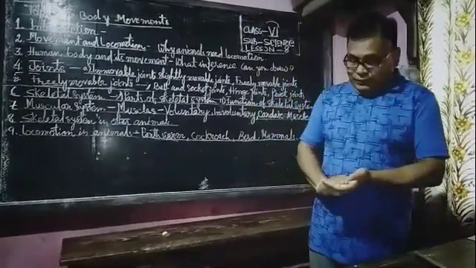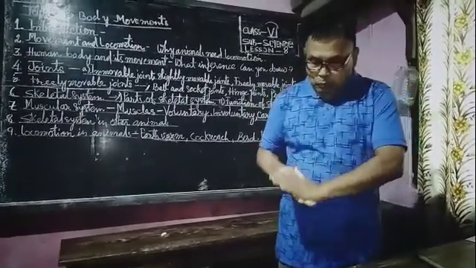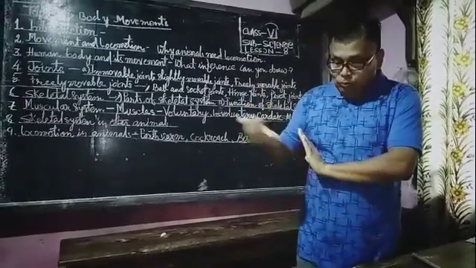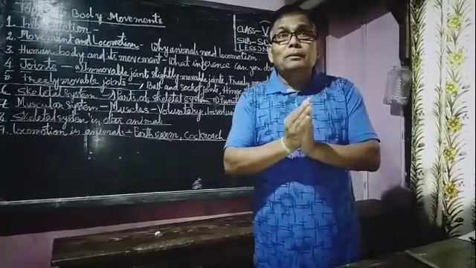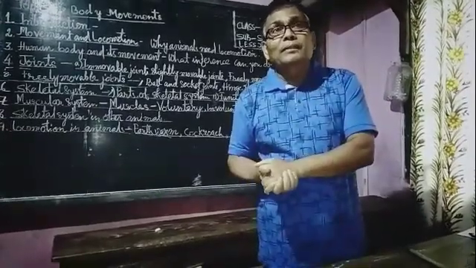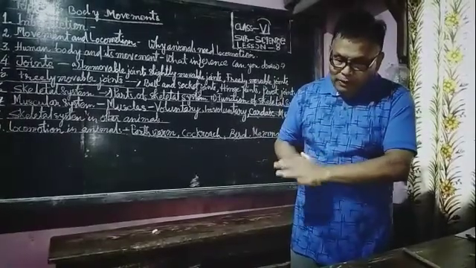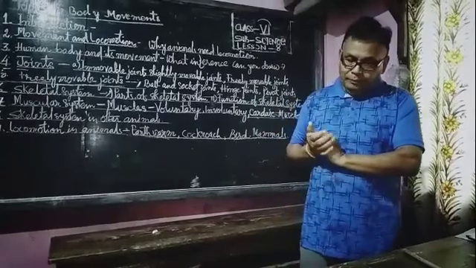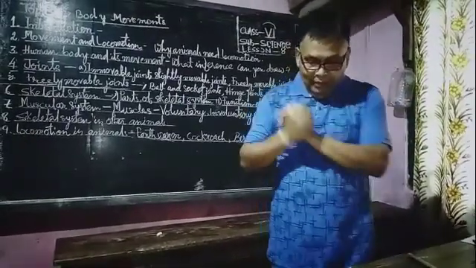Now, joints. The place where two or more bones meet is termed a joint. Joints allow movement to take place. Some joints allow more movement than others.